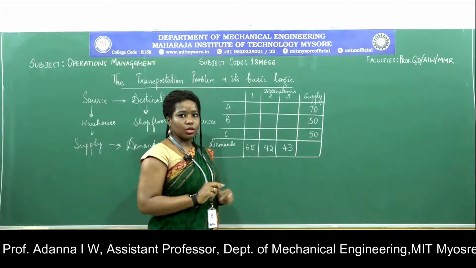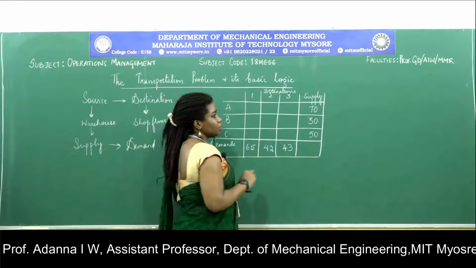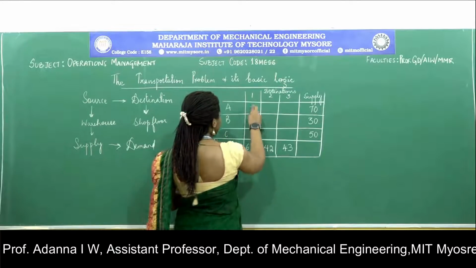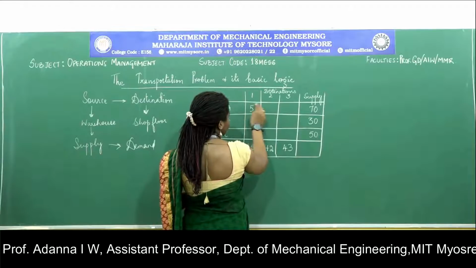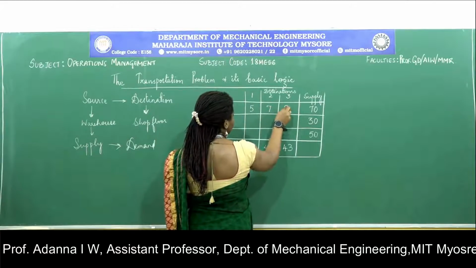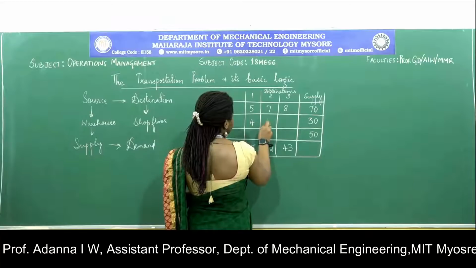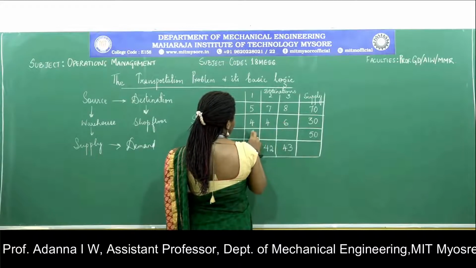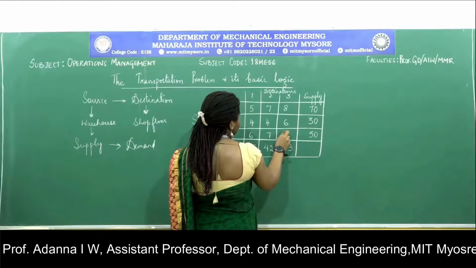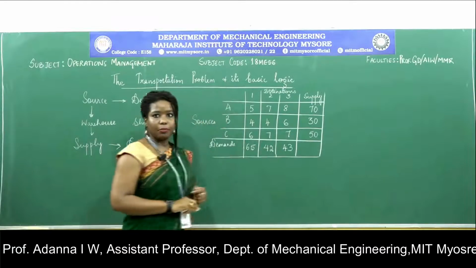This information is also given to you. To make an assumption for this particular problem, we just assume that it costs about 5 rupees, 7 rupees, 8 rupees, 4 rupees, 4 rupees, 6 rupees, 6 rupees, 7 rupees, 7 rupees. This is just an assumption that I have made.